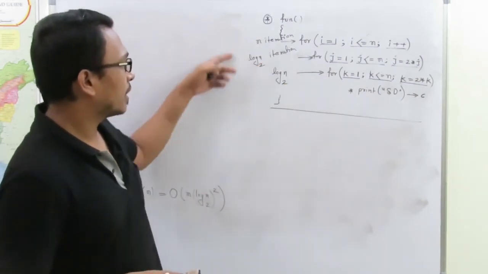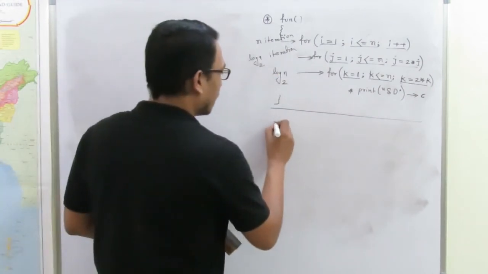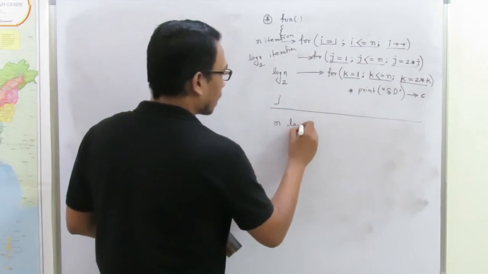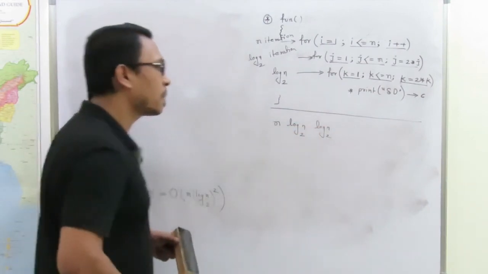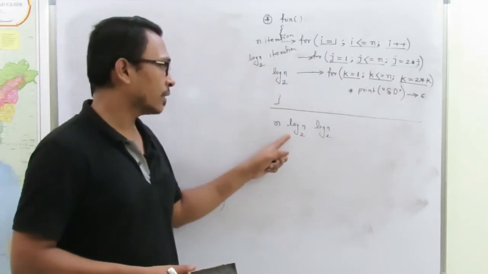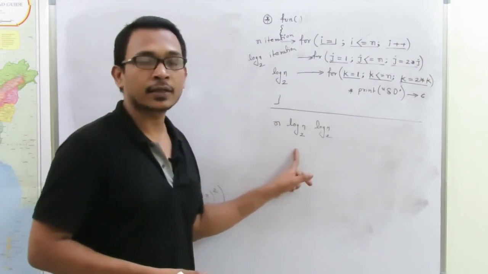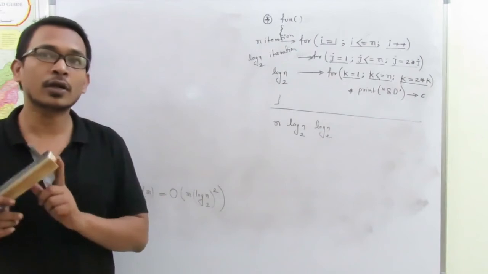Hope you understood. We multiply all these elements, so we get n times log n base 2 times log n base 2 iterations. This is how we can directly find the number of iterations. Then how long will it take? That means what will be the total time?